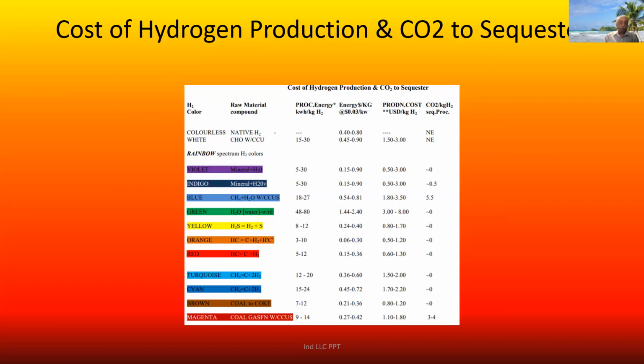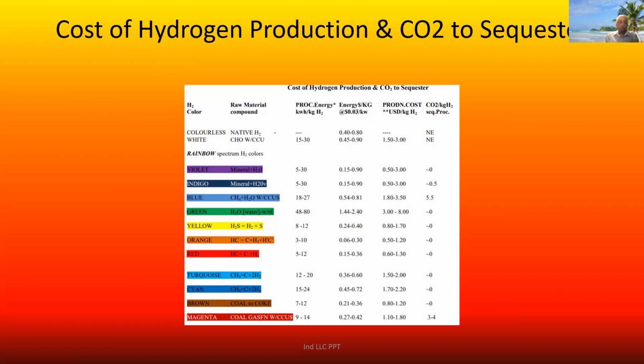Then comes the yellow hydrogen, which is from hydrogen sulfide producing hydrogen or the yellow sulfur. The natural gas pyrolysis is also being talked about in the recent news media, which produces turquoise and cyan hydrogen. But in the petroleum industry, molecules containing more than one carbon atom in their hydrocarbon molecules can produce orange or red hydrogen.